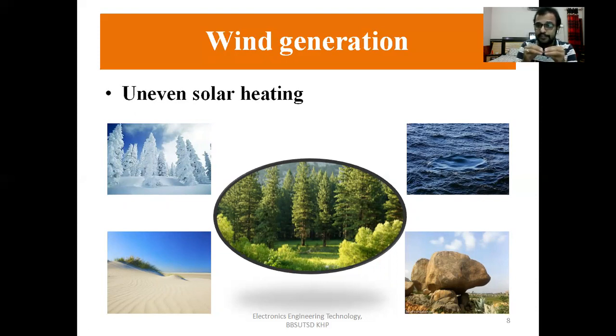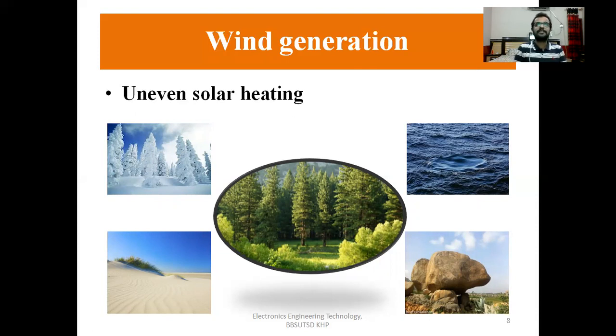So if there is a different rate of solar heating, or you may say absorption or reflection, that basically causes different rates of solar radiation, leading to high temperature in some areas, for example deserts, and low temperature in others, like ice lakes or snow areas.